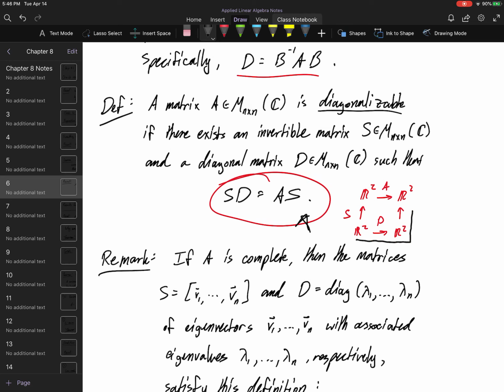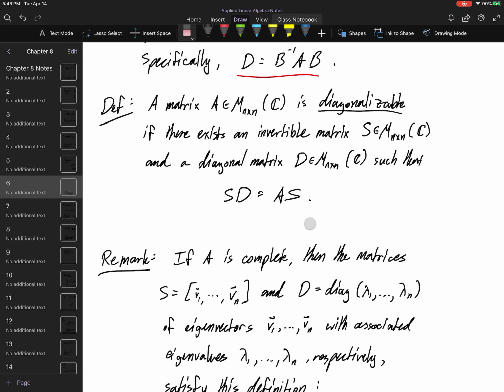So this circled equation is saying, instead of going right then up from the bottom left, we are going to go up and then over and wind up here. So we're just saying that these two expressions for that function are identical, and this is what's called a commutative diagram, or a commutative square.